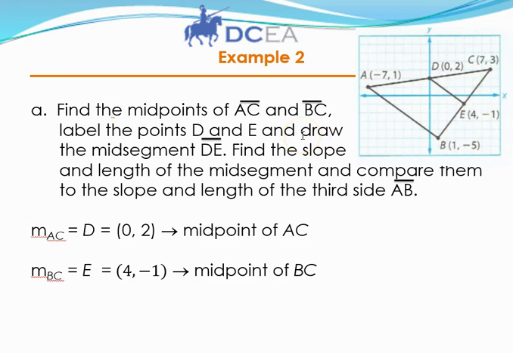So to find the midpoint, we're going to use the midpoint theorem and formula, and we'll see that the midpoint of AC is point D, which is at 0, 2, and that's the halfway point of AC, and the midpoint of BC is point E, which is the point 4, negative 1, and they've drawn a line. If you need to see the work for these midpoint formulas, it's in your book.